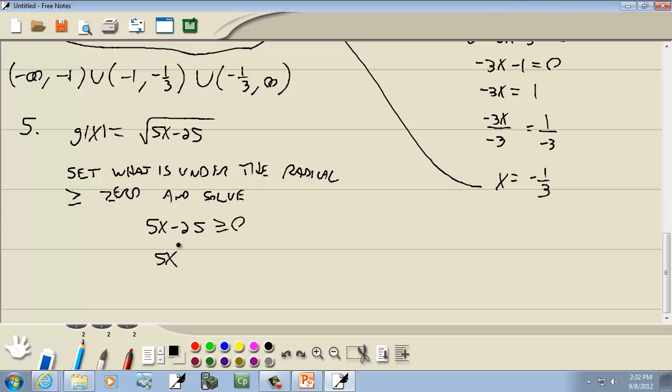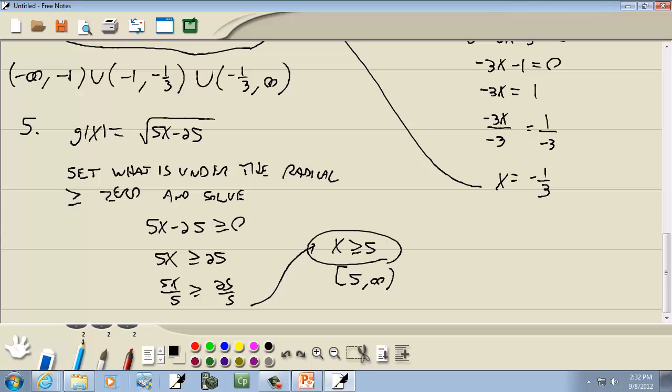Now we're wanting to solve for x, so we'll take a negative 25 over to the right side, becomes a positive 25. Divide both sides by 5. And we end up with x is greater than or equal to 5. Now interval notation wise, that would be bracket 5 comma infinity. And I'm happy with that form, but again, you can do the other one if you wish.